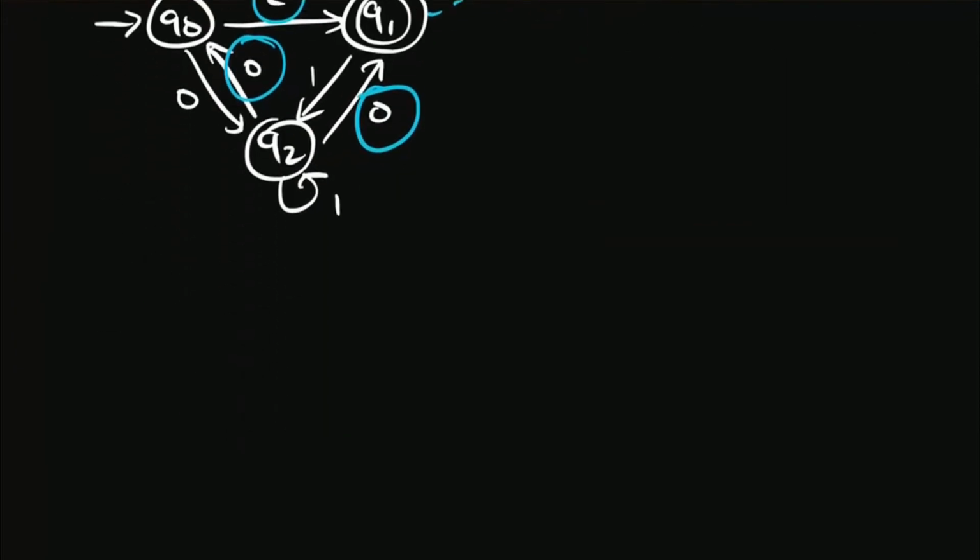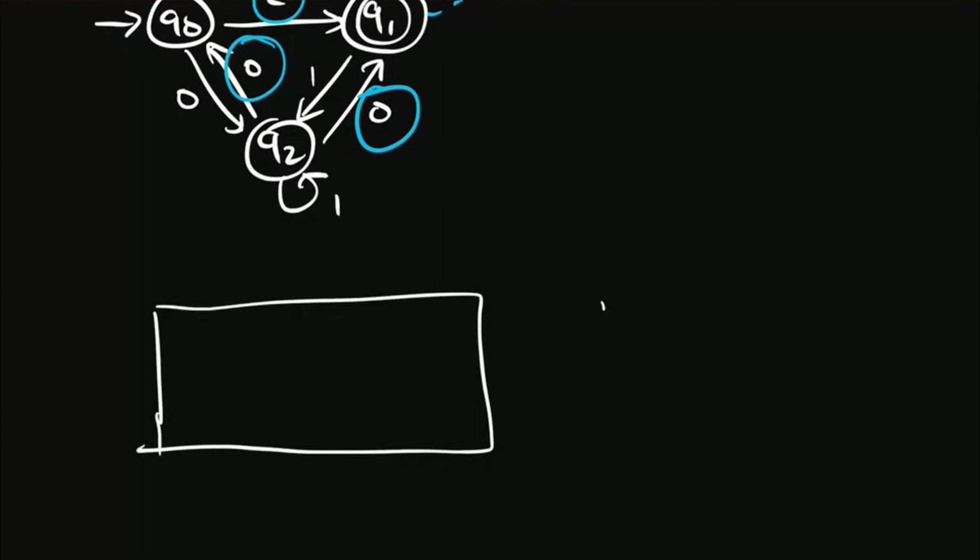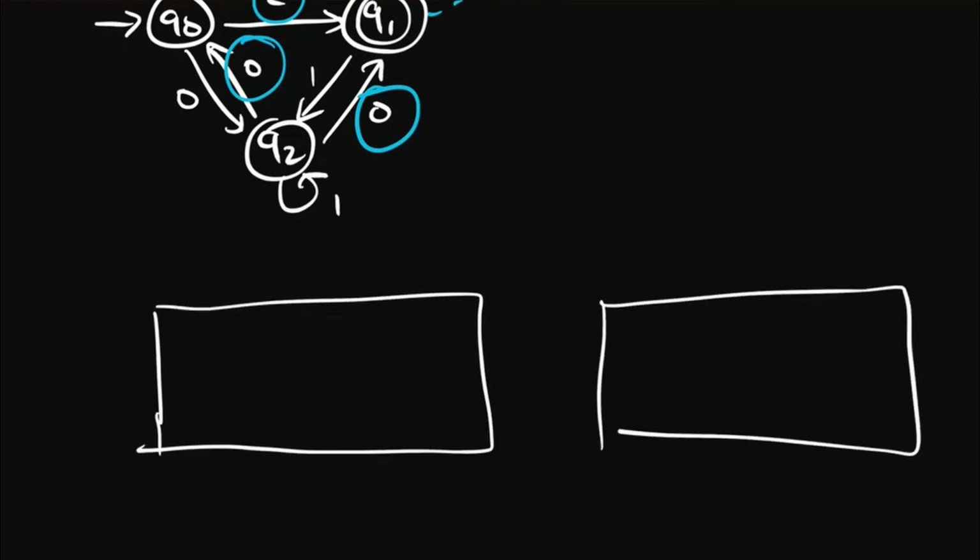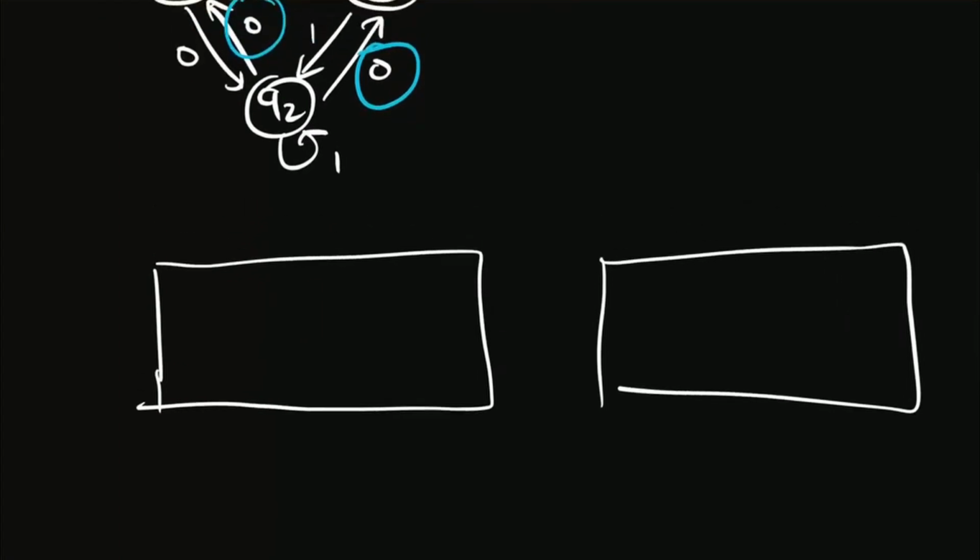So let's just look at a typical example of a DFA. Well, these could be DFAs, NFAs, it doesn't matter. So let's just assume it's a DFA. What we're going to show right here is that we can make an NFA for the concatenation.